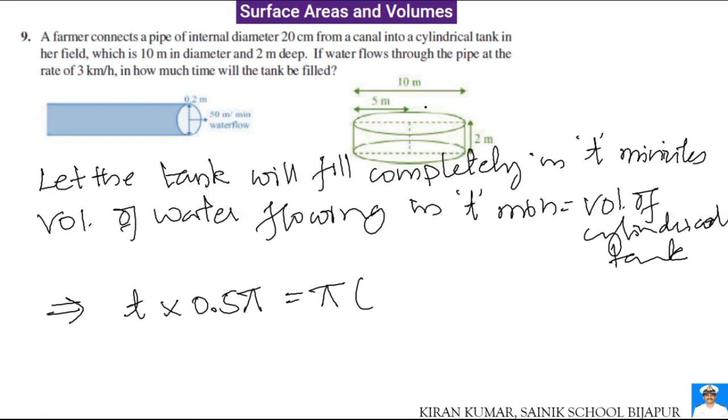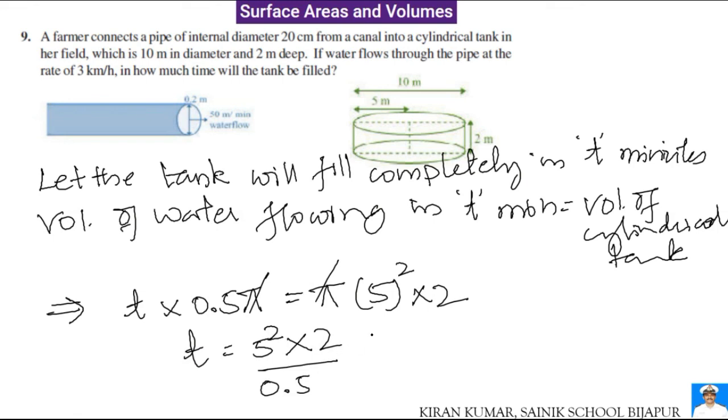Here the radius of the cylindrical tank is 5, so 5 square into the height of the cylindrical tank 2. So we get t value as 5 square into 2 divided by 0.5, pi will get cancelled. This is 25 into 2, which is 50 divided by 0.5. This is nothing but 100. So the tank will completely fill in 100 minutes.